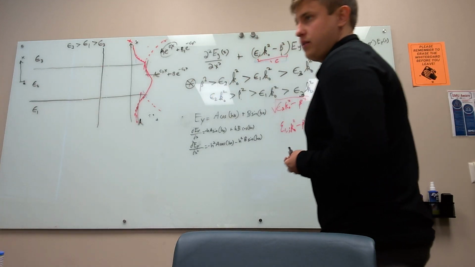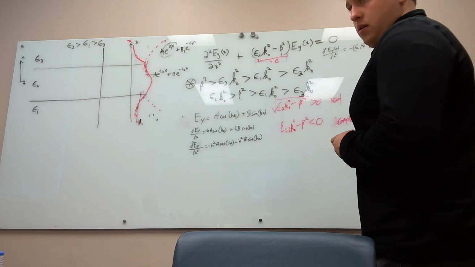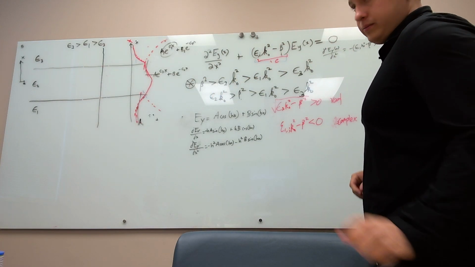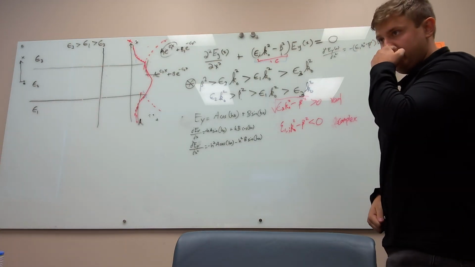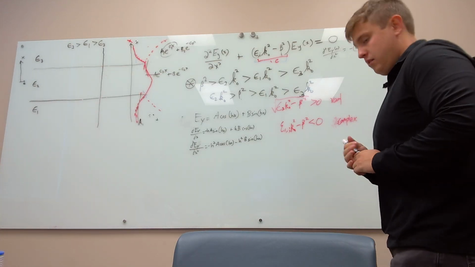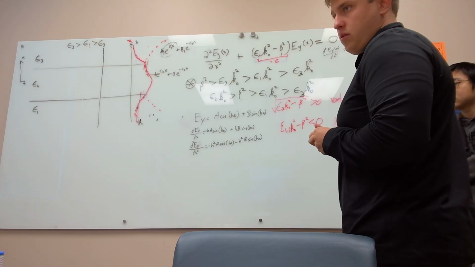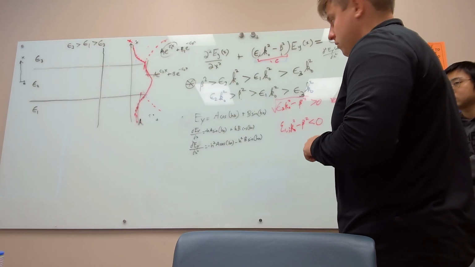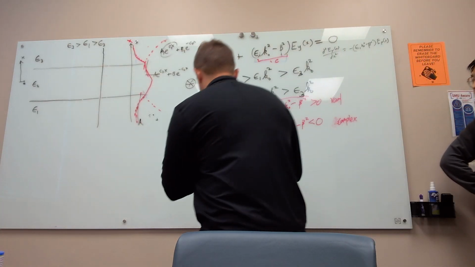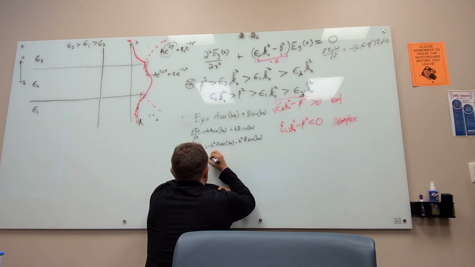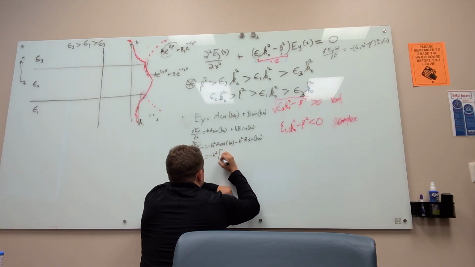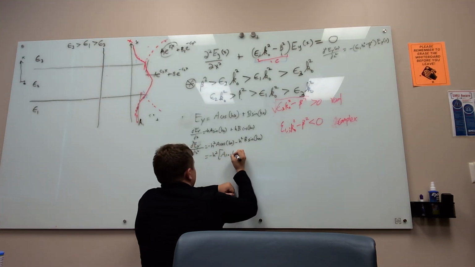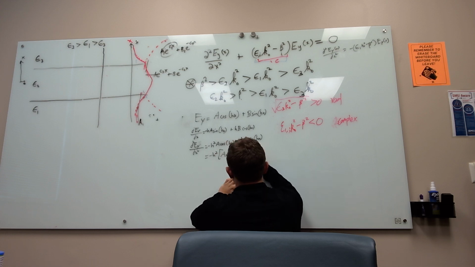So that would be the second derivative. Now bring the minus h squared outside.